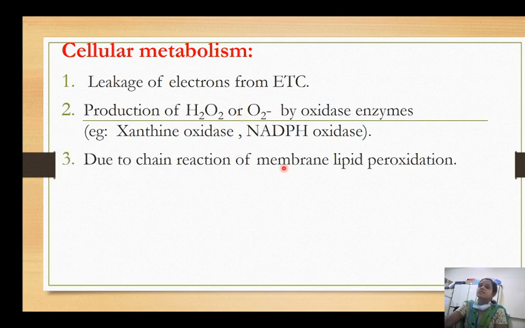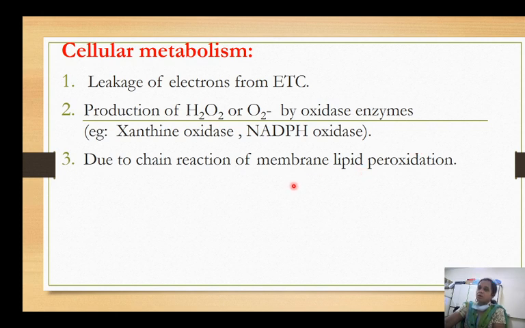Next, due to the chain reaction of membrane lipid peroxidation, as I told you, once a free radical is formed, it will immediately peroxidize the membrane lipids. The membrane is a bilayer lipid layer, you know that, of phospholipids, and to that phospholipid, fatty acids are attached. These fatty acids undergo oxidation and peroxidation.